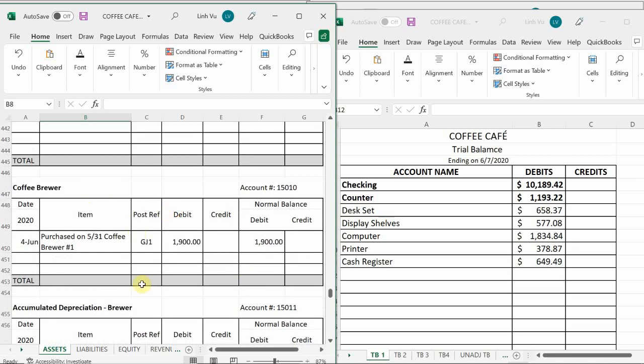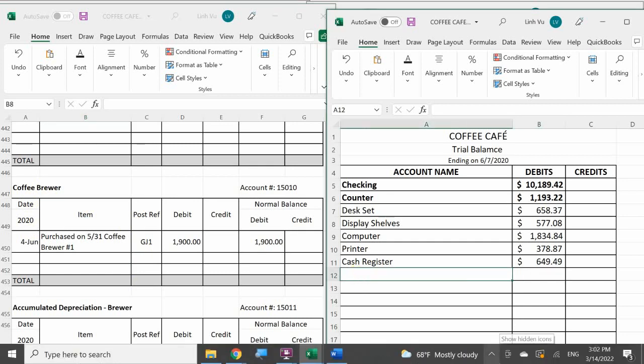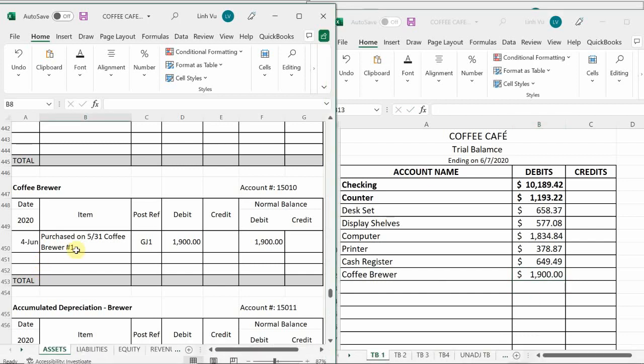I bought specific equipment. In this case, my first equipment here is going to be my coffee brewer. Okay. Right now, I currently have one coffee brewer. All right, how much is it? $1,900 for my coffee brewer.